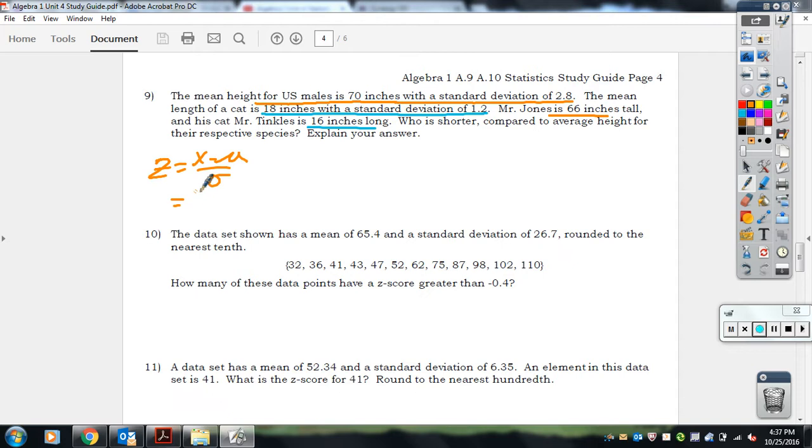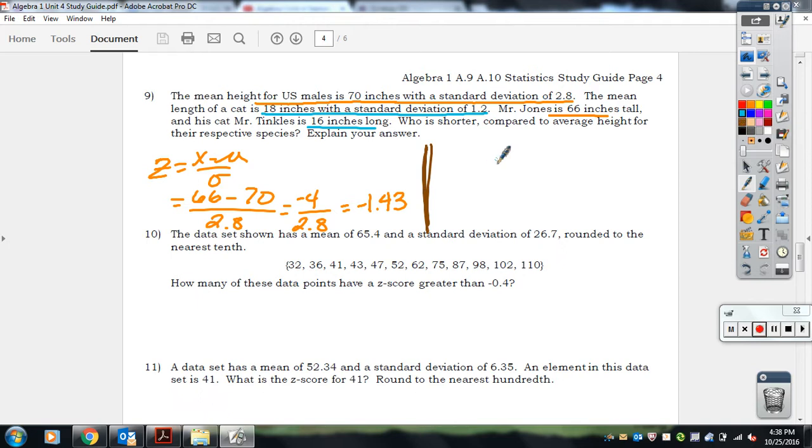So x is 66, minus the average 70, all over the standard deviation 2.8. This works out to -4 divided by 2.8, which is -1.43. So pretty far below, not super far, but definitely below the average.